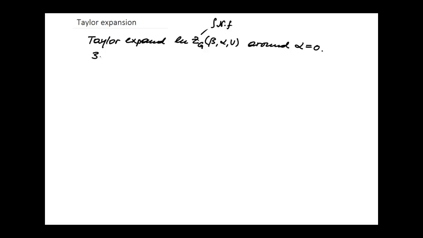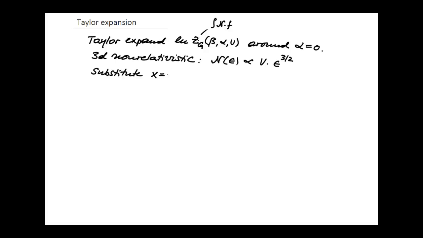We look at non-relativistic particles in 3 spatial dimensions. In that case, we know that the number of states up to epsilon, which features in this integral, goes like the spatial volume and energy to the power 3/2. Then we can substitute in the integral, it's an integral over the epsilon, we can substitute x for beta times epsilon, as we have done several times before.